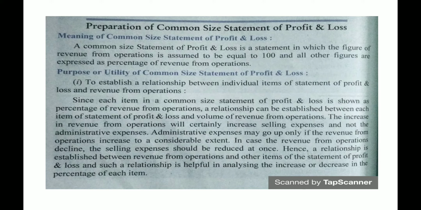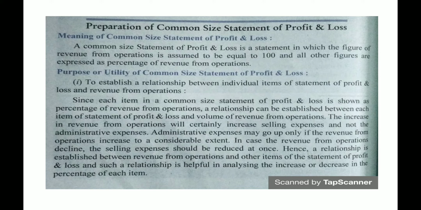Right? This statement can be studied both vertically as well as horizontally, but you have to rely on vertical. We can make inter-firm comparison, that is, comparison outside the firm. Inter-firm comparison is very important and it is compared on the basis of two or more years. So, what is the utility of the common size statement of profit and loss account?